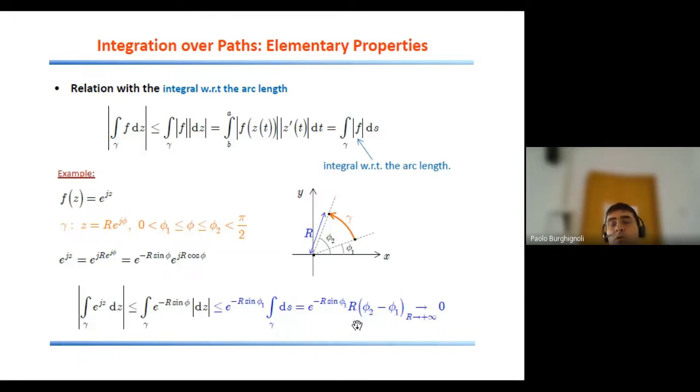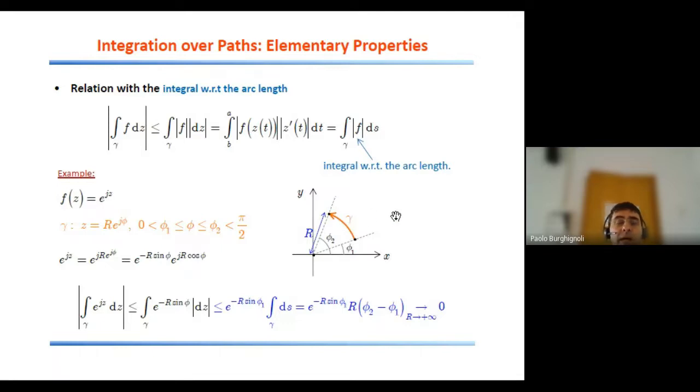It goes to infinity linearly with respect to r. Whereas the real exponential here in front of everything goes to 0 much more strongly, as the exponential does when it goes to 0. So the product ultimately goes to 0, which means that in the limit when the arc has an infinite radius, you can neglect the value of this integral.